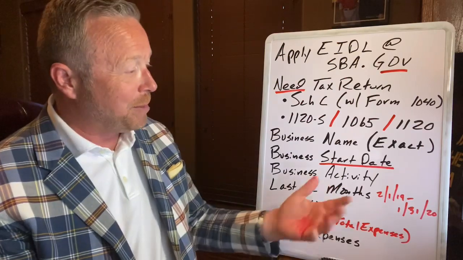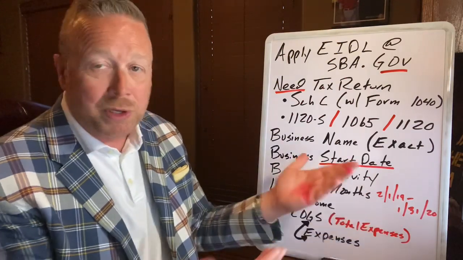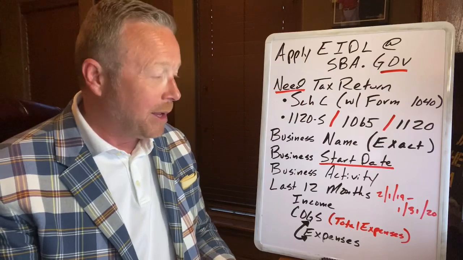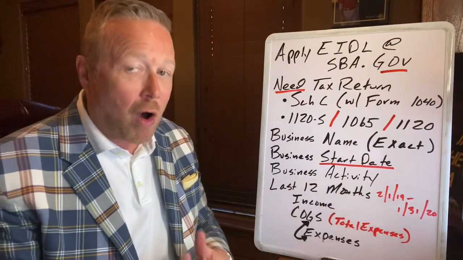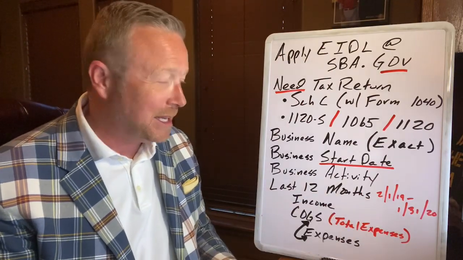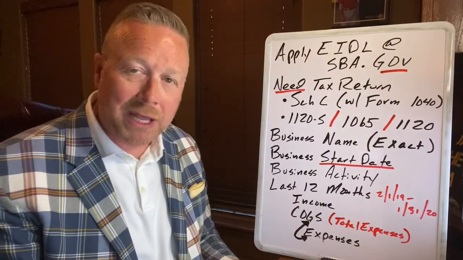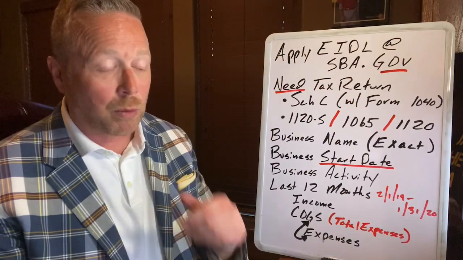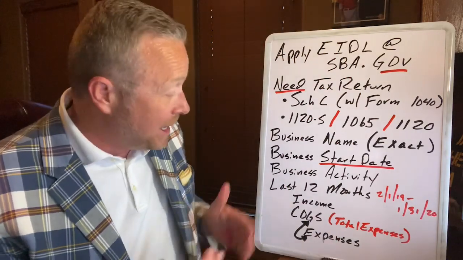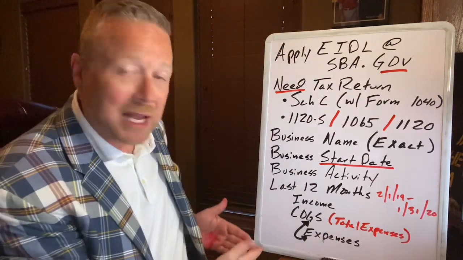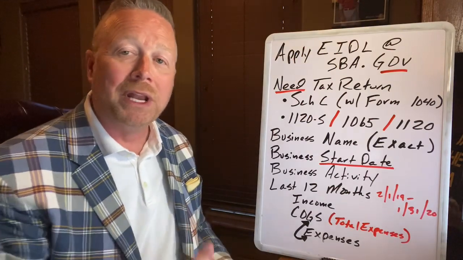If you only had a business in January of 20, then just put January of 20, okay? So whatever information you have, if all you have is 2019, then put it in, okay? Total income, total expenses. If you wonder, well, does it include my pay? It doesn't tell us. So just put in what it is that you think.